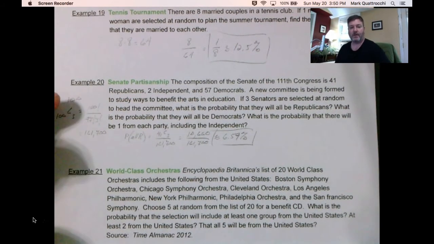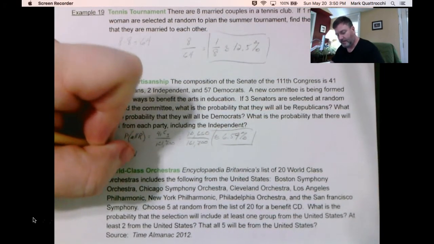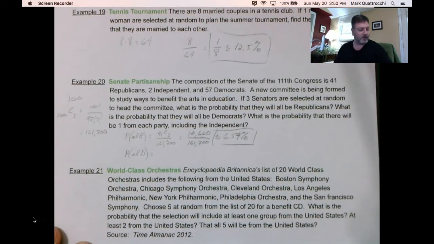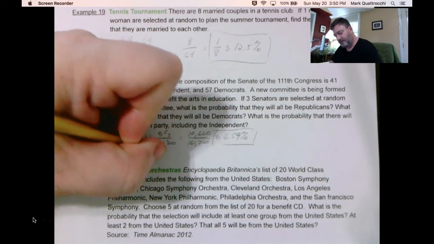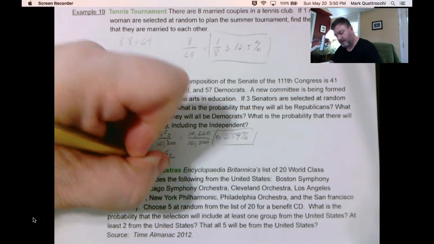What's the probability that all will be Democrats? All Democrats. So there are 57 Democrats. It's 57 choose 3 divided by the 161,700.